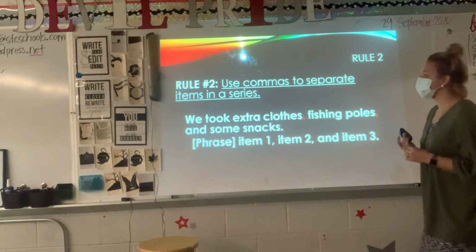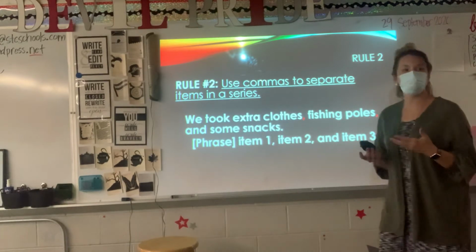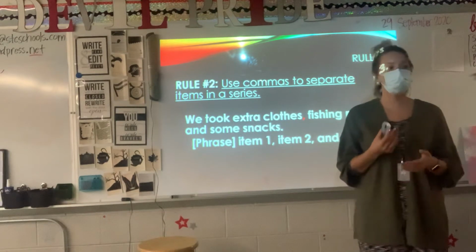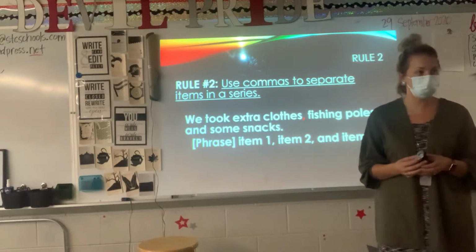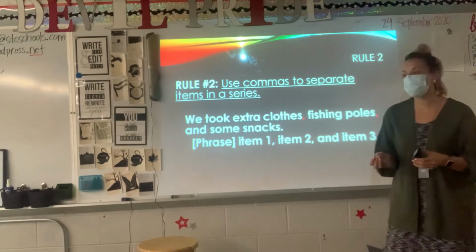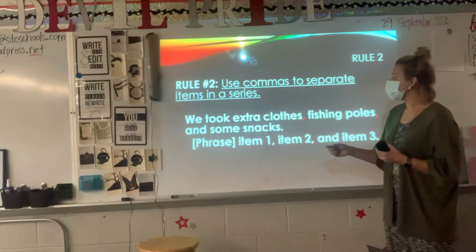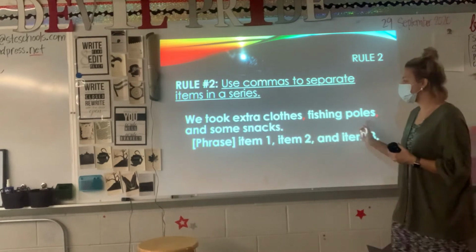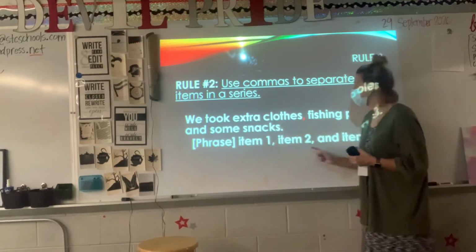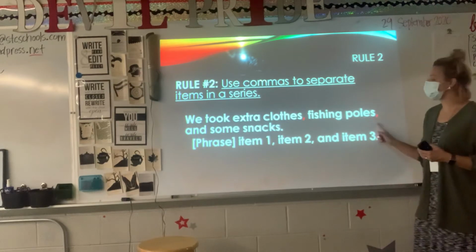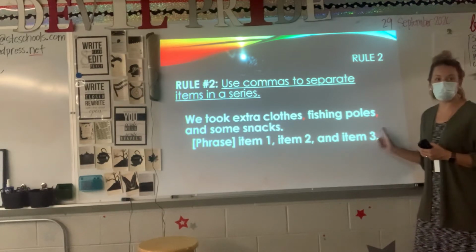So rule number two, I feel like you got this rule down pretty well. I rarely see an issue with this, other than I want to reinforce the fact that you have to use that Oxford comma. So here: we took extra clothes, fishing poles, and some snacks. You have to make sure that last item in the list gets that comma.